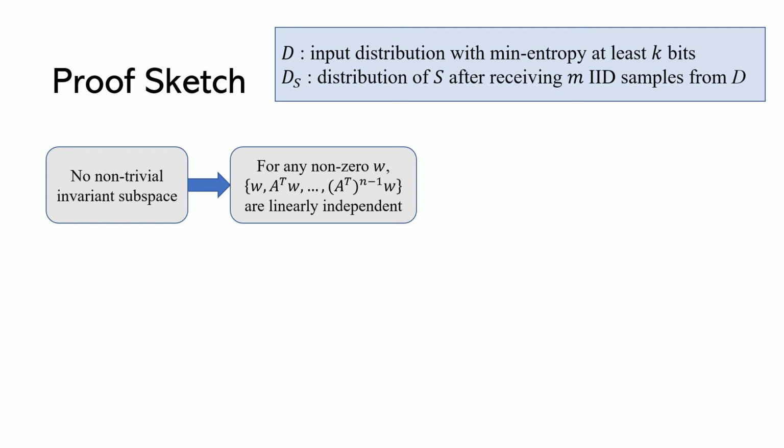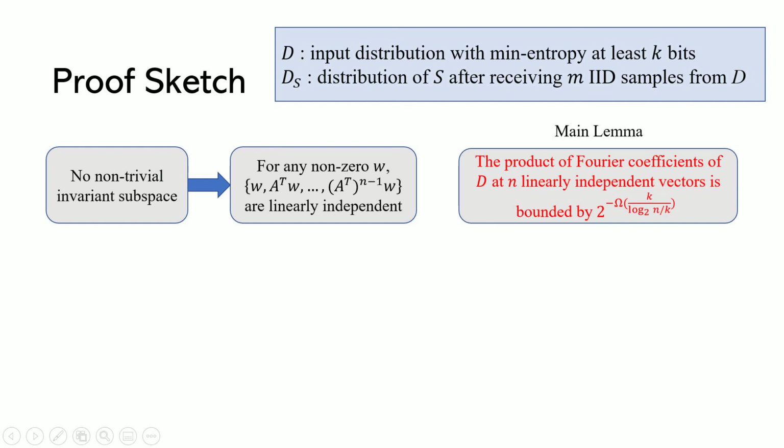Otherwise, A transpose will have a non-trivial invariant subspace. If there are n linearly independent vectors, our mean lemma tells us the product of their Fourier coefficients of D is upper bounded by a small constant.